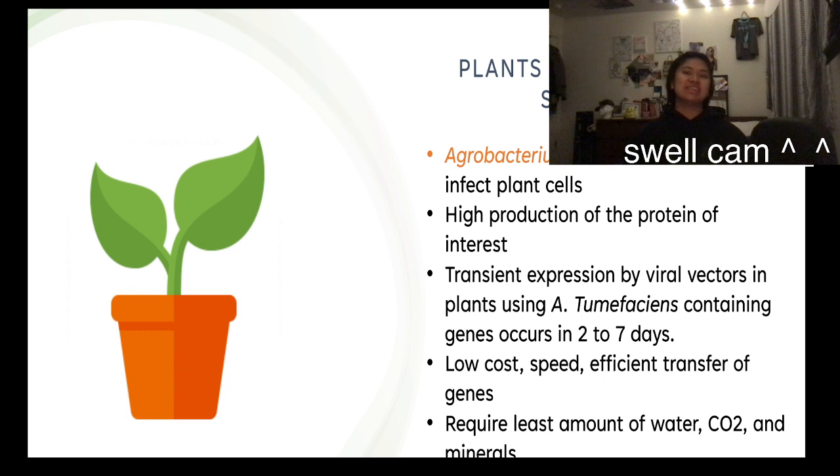This is a low cost and speedy process, and it shows an efficient transfer of your genes of interest to your plant host system. And as well, with this approach, they do require the least amount of water, CO2, and minerals.